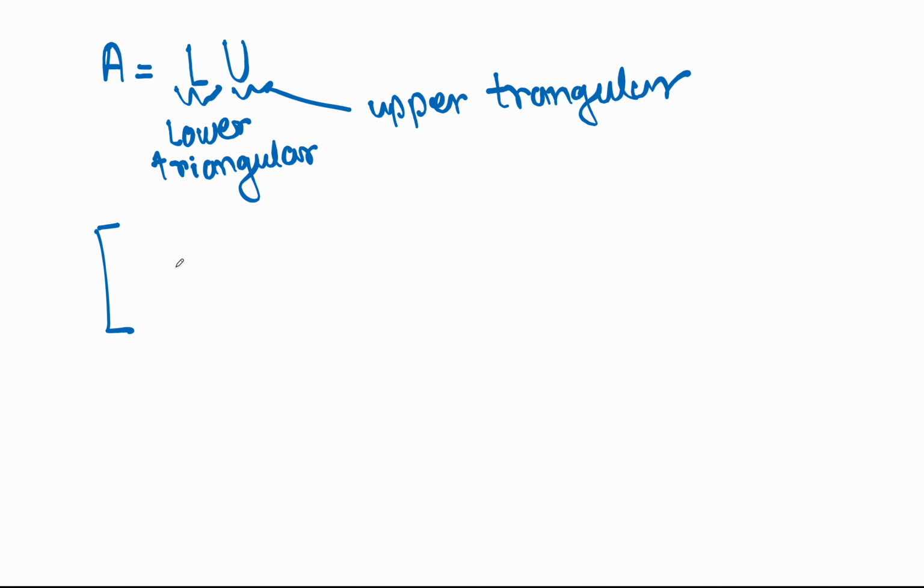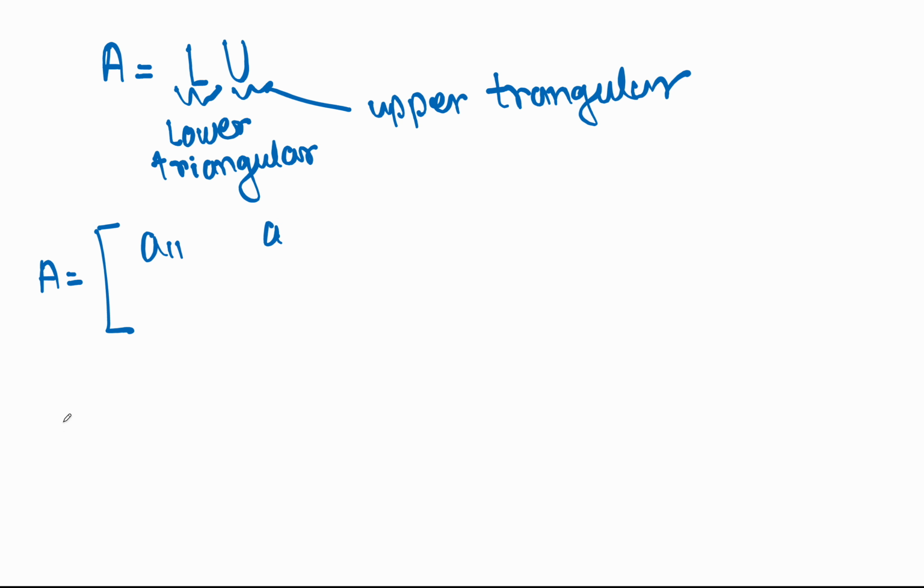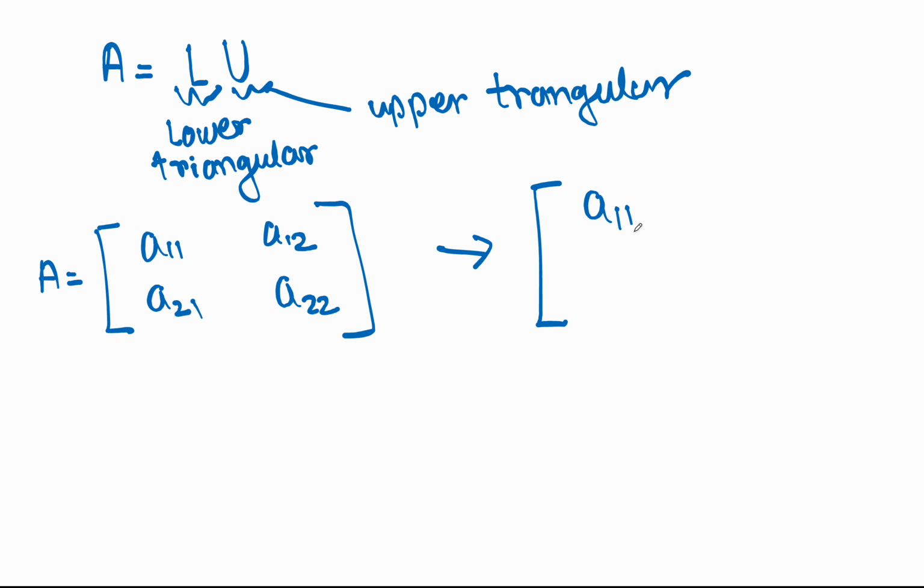And I will write the A matrix such that A11, A12, A21, A22. Let's say we'll write only a 2 by 2 matrix, and then we will generalize this to more high dimensional matrices. Okay, so let's say we want to convert this matrix into upper triangular, with A11, A12 and A22 as some value, in this form.